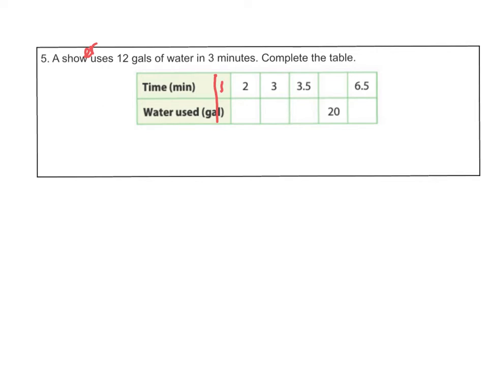The way I'm going to do that is by taking my ratio I know. It told me 3 minutes is 12 gallons of water. I can fill that one in. And I'm going to simplify this by dividing by the greatest common factor to get a unit rate. So I end up with 1 to 4. So in 1 minute, the shower is using 4 gallons of water.